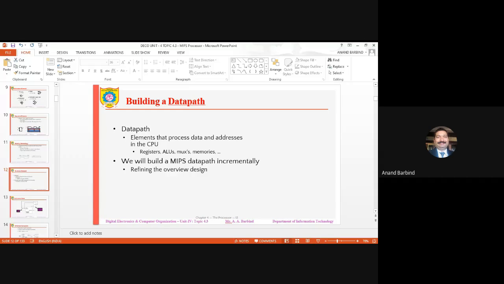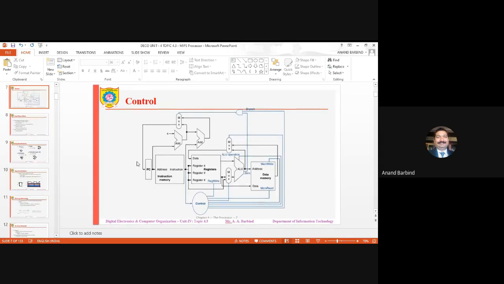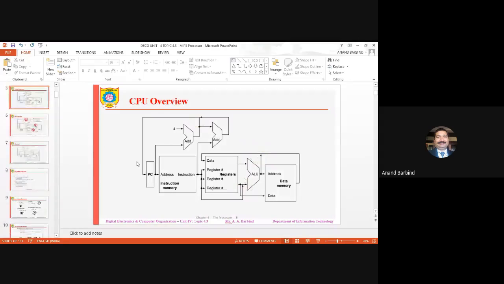We have started with this MIPS processor, and deliberately today I have taken only the introductory part of this MIPS processor. I have introduced the whole MIPS processor, but again we shall be going into the details of it.